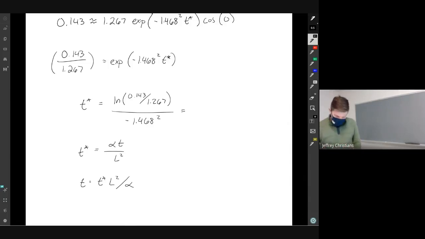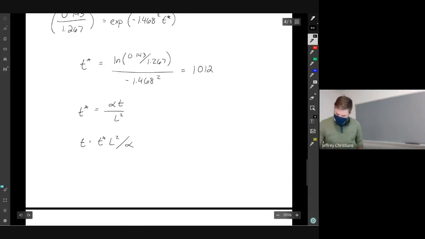So this gives us a T star of 1.012. So this tells us that using just the first term was a reasonable approximation because T star is bigger than 0.2. So T star is 1.012, a dimensionless variable.